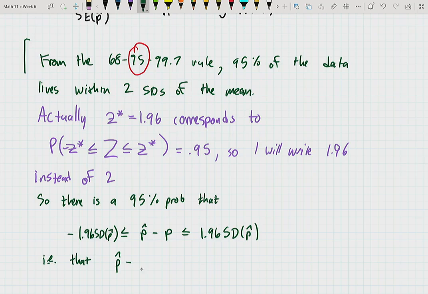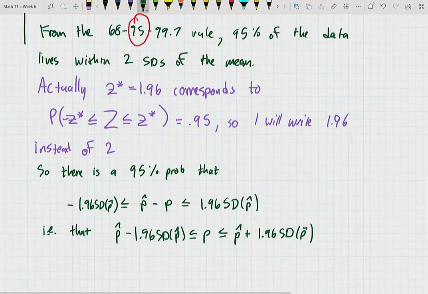Or I could write it a little bit differently: p hat minus 1.96 times the standard deviation of p hat is less than p hat plus 1.96 times the standard deviation of p hat.